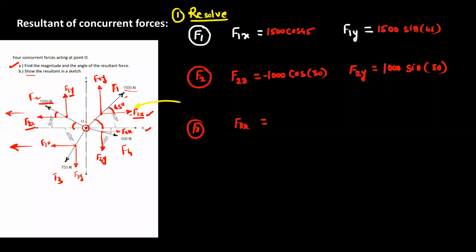So it is negative. This is 60. So this is also 60. Net force is 750. So 750, F3x is adjacent to this angle 60 degree, so it is a cos. So 750 cos 60, this is the magnitude and direction is negative x direction.